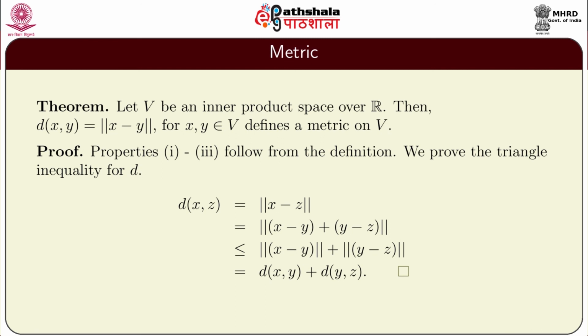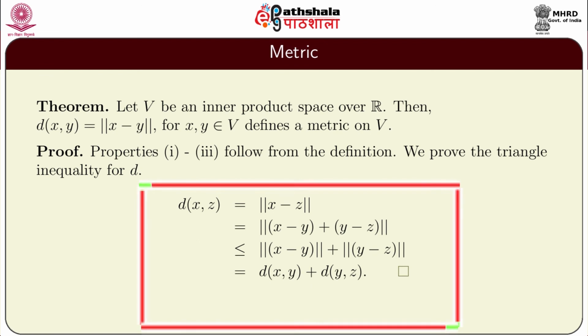Properties 1, 2 and 3 are easy to verify. Let us check the triangle inequality for d. So, given x, y, z in V, let us first write d of x, z, which is nothing but norm of x minus z.